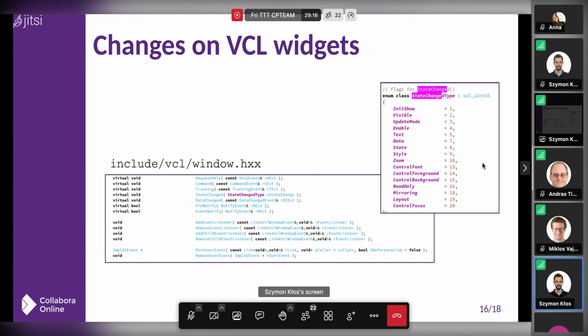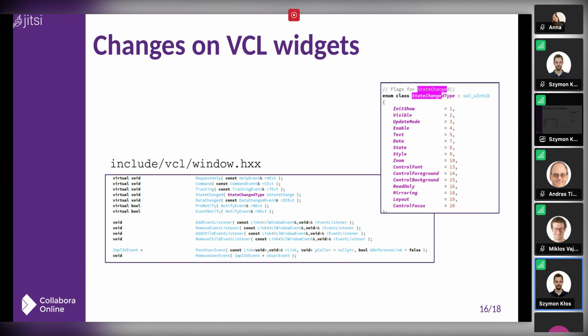There are some functions we can use for that, like state changed, and we have different types of events on which we can do something, like when it's initially shown, or if it's visible, or it was disabled or enabled.